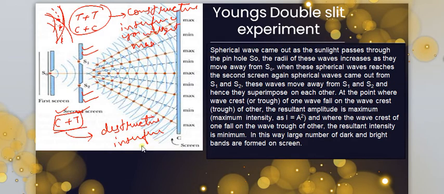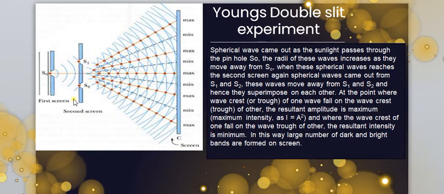And from here a dark band is formed. A dark band means there is no light at all on the screen in that particular region. Why so? Because both crest and trough have the same amplitude. If a crest of the same amplitude overlaps with a trough, they will cancel out each other's effect.